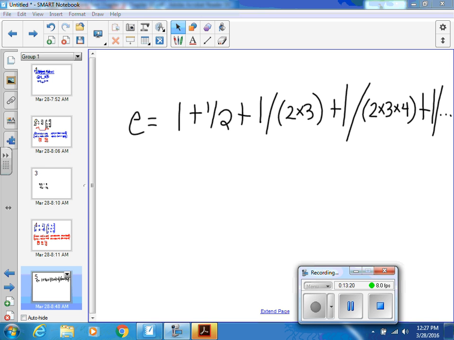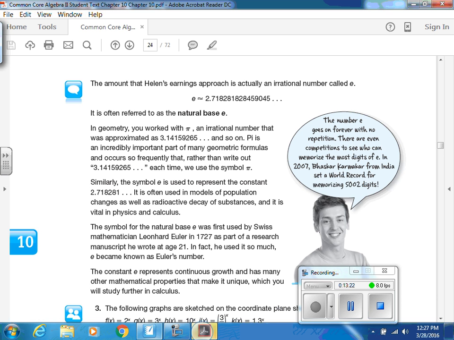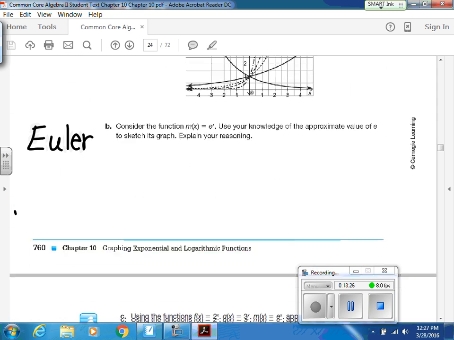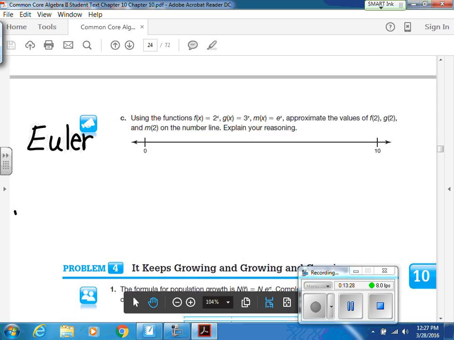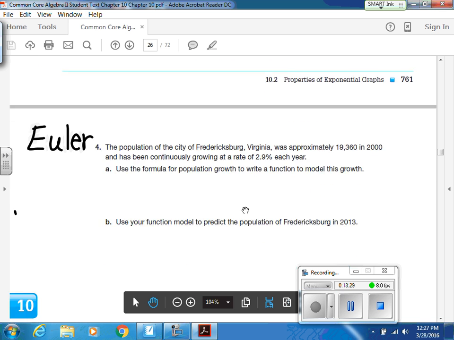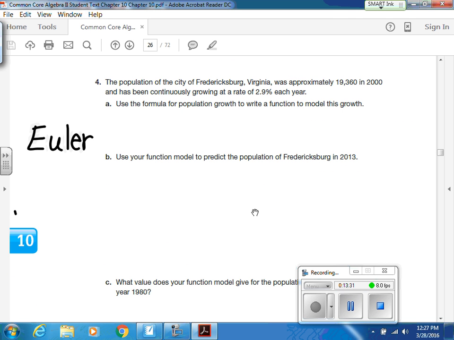Okay? Now, what does it have to do with interest? If you compound interest continually, you have a different formula that I just call PERT. PERT, because that's what it is.